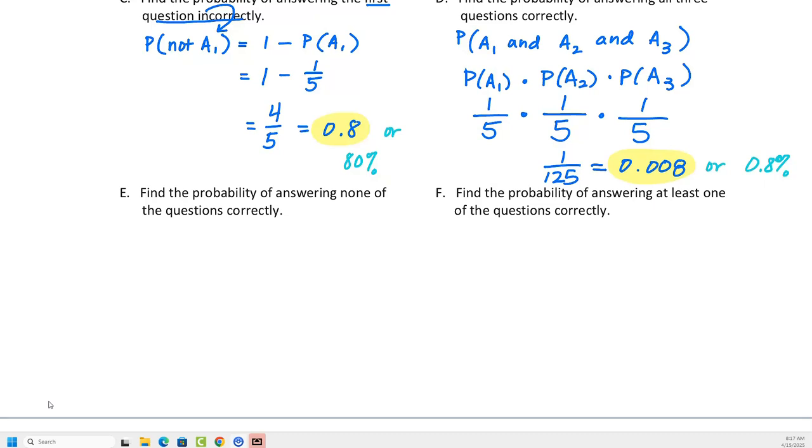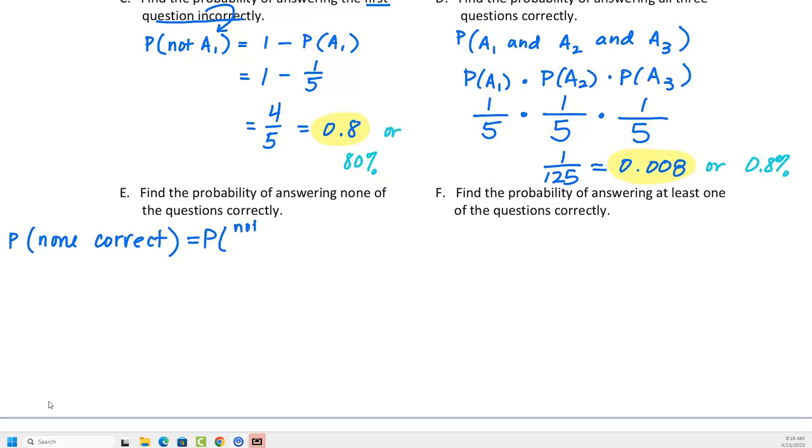Okay, and then E. It says find the probability of answering none of the questions correctly. Well, I'm going to start way over here to write this. So the probability of none correct is going to be equal to the probability of, running out of room, aren't I?